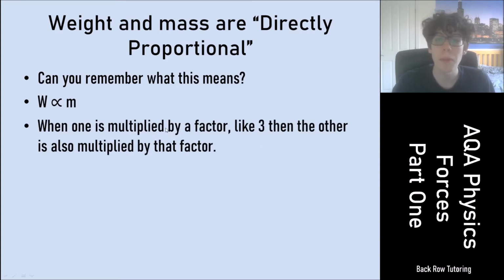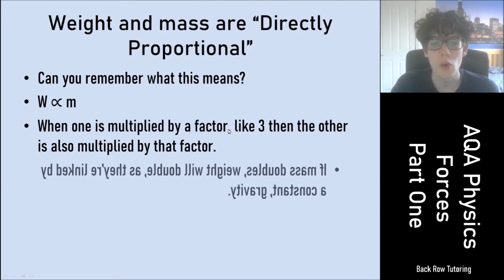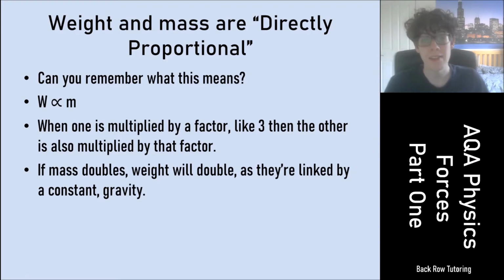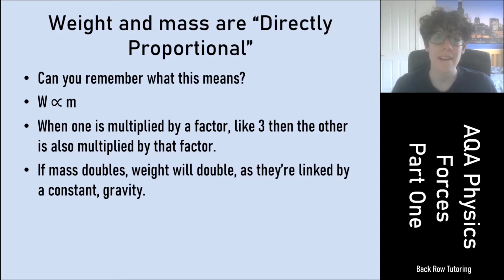When one is multiplied by a factor, like 3, the other is also multiplied by that factor. So if the mass doubles, the weight will double, as they're linked by a constant, gravity. If you triple the mass of something, the weight that object experiences will also triple.